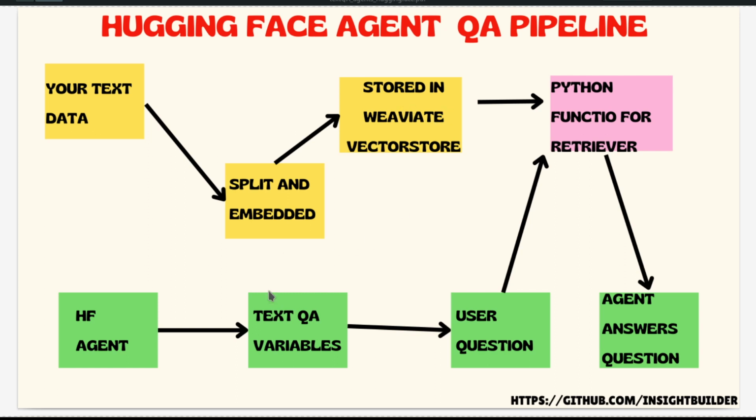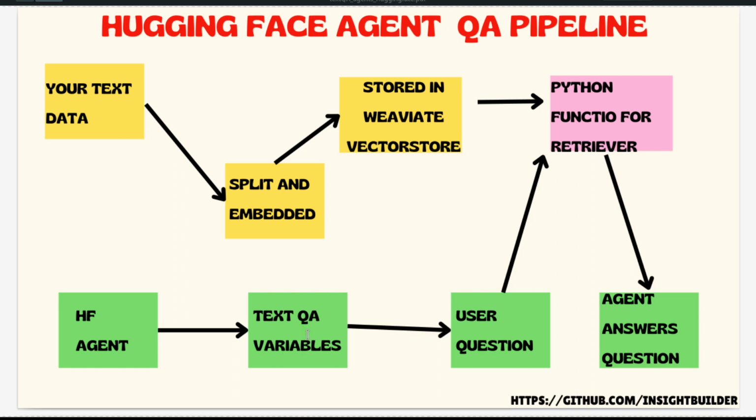After that, the things start becoming a little bit different. So what will happen is you will be using your Huggingface agent and you will be asking it some question, right? You will be expecting that you give the question to the agent and it does something. So for that, we have to understand the question answering variables that is available inside the Huggingface tools.